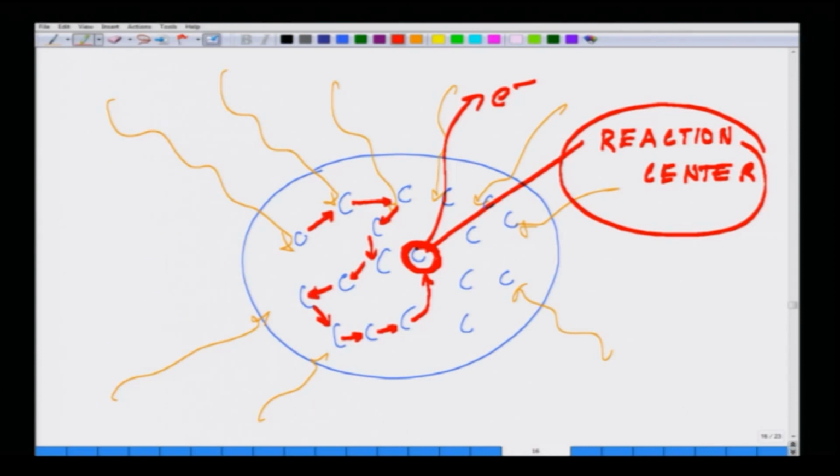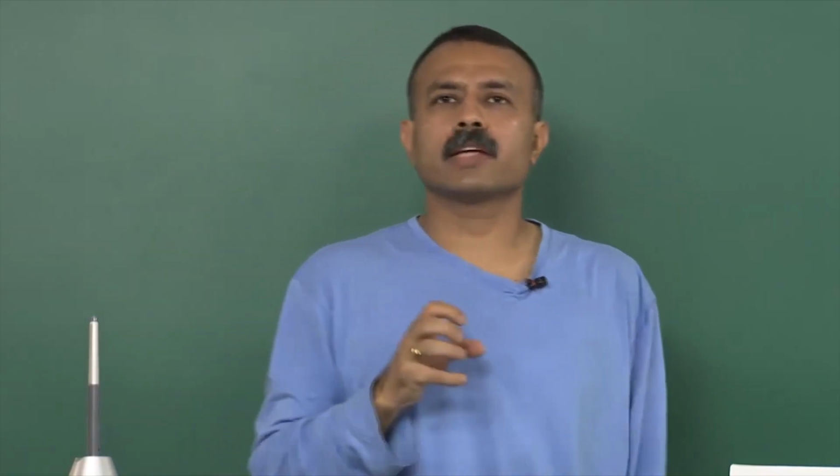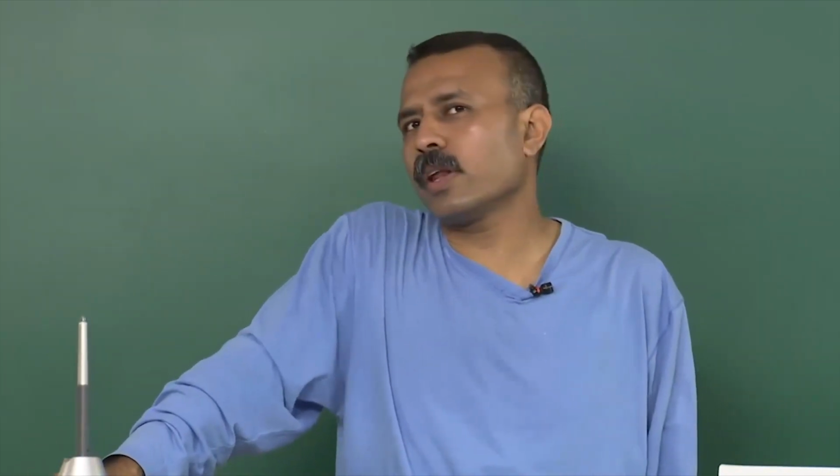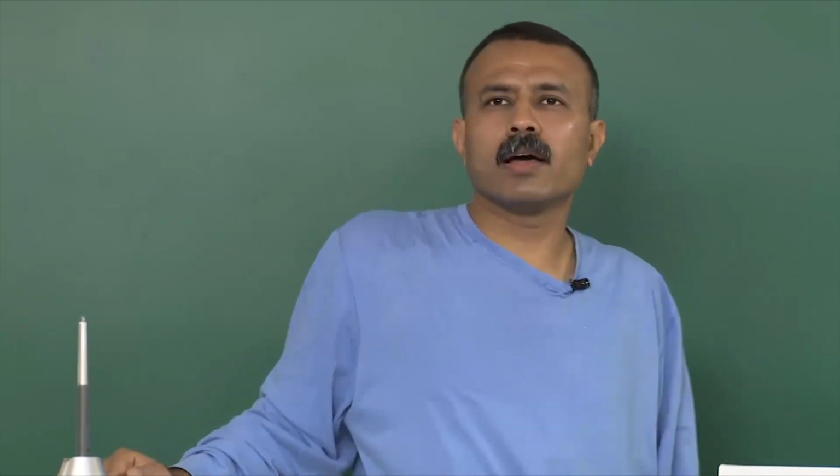What we do not know is who determines the reaction center, and does the reaction center change as the plant is living its life. We do not know this, but this is one of the very unsolved mysteries. I'll come to how it has been discovered in the next class, how this reaction center itself was discovered.